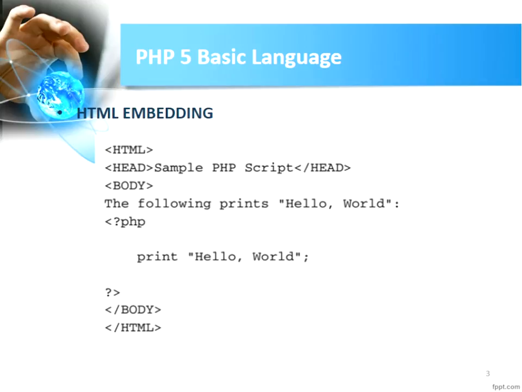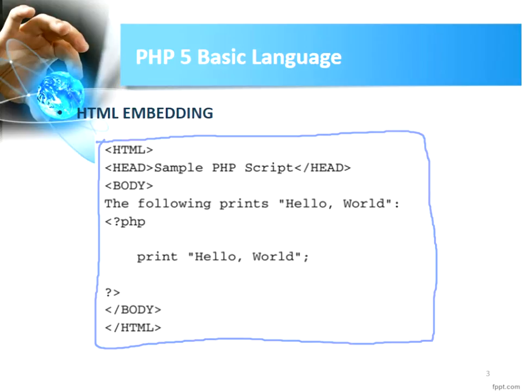Let's begin with the first example. So this is an example of PHP code. When we write this PHP code, we have to save it with a name of a program, for example, example, and a file extension.